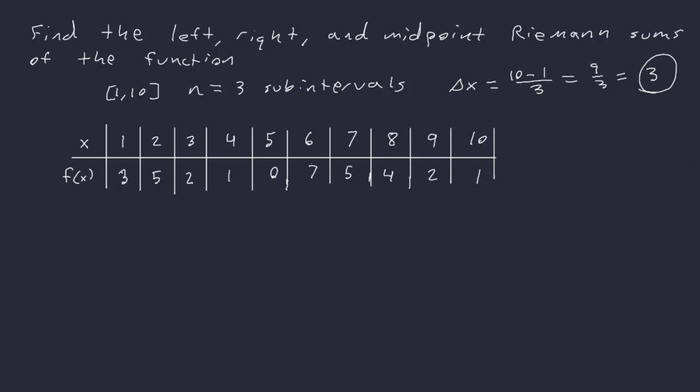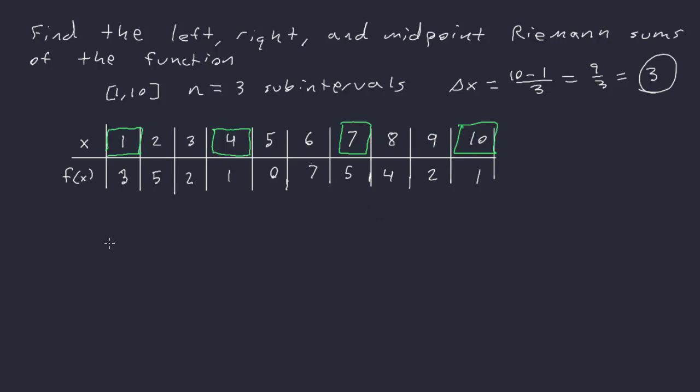So we're going to be going from 1. Then we'll go 3 over: 1, 2, 3 to 4. Then we'll go 3 over: 4, 5, 6, 7, 8, 9, 10.